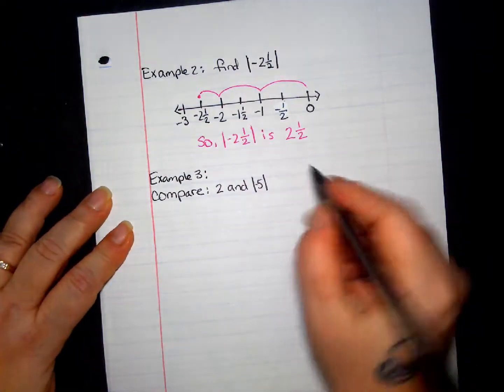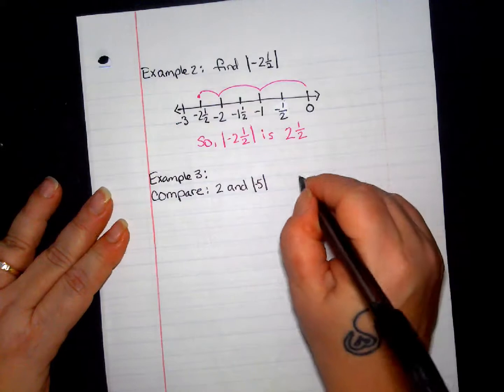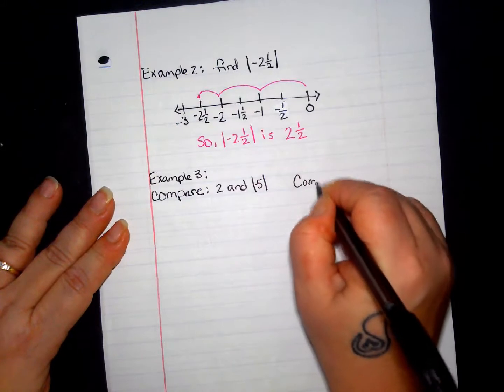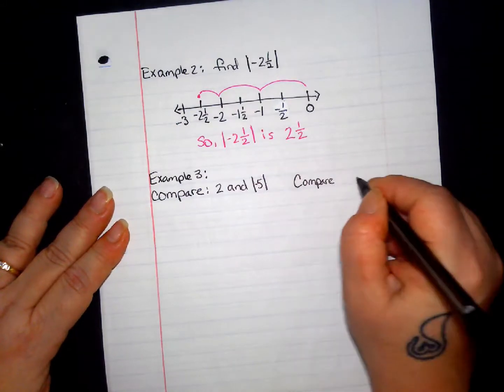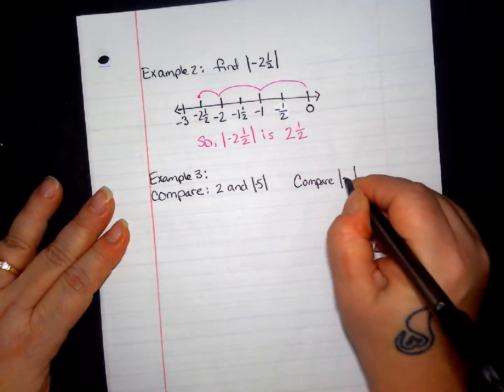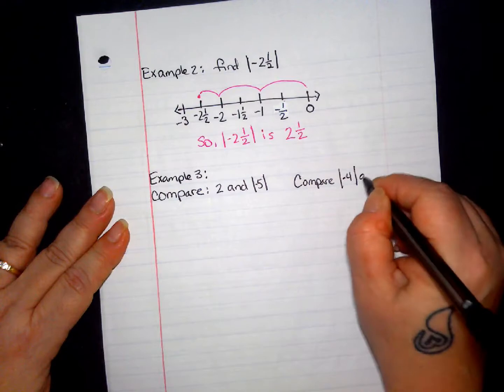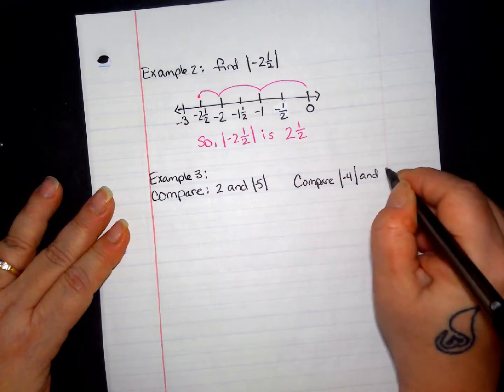And then for a second one, we're going to compare the absolute value of -4 and the absolute value of 4.